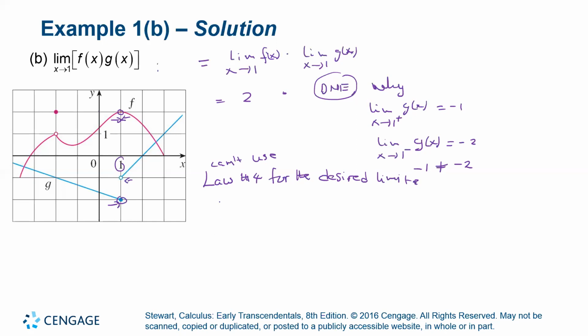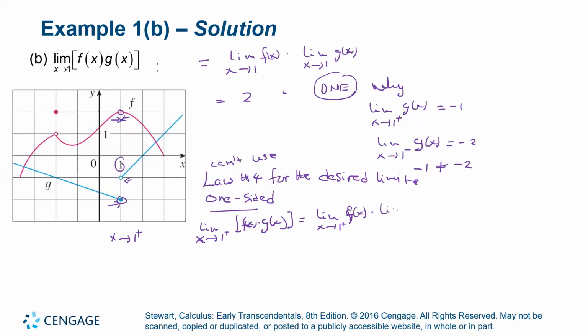So what we do is consider the one-sided limits and see if something meaningful comes up. First we look at x approaching 1 from the right of f of x times g of x.